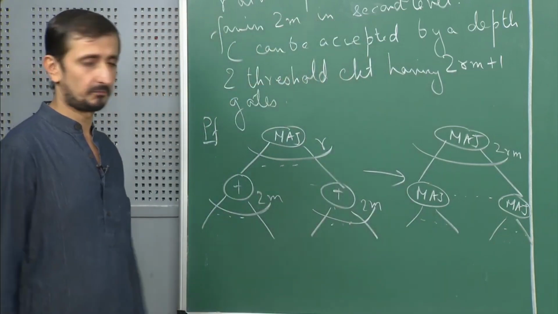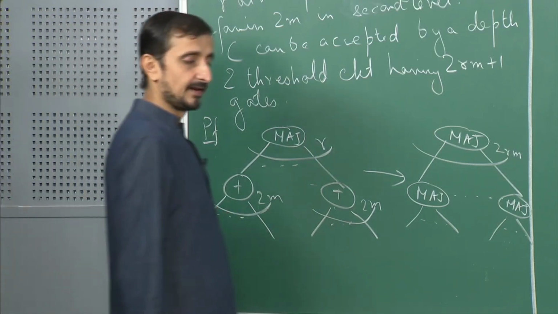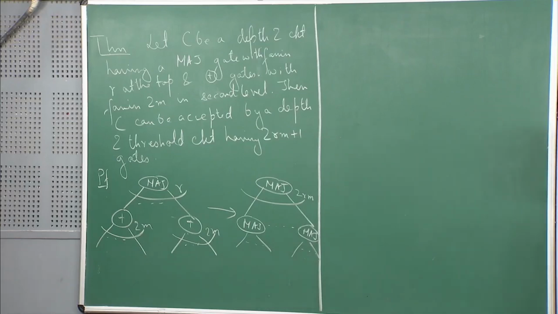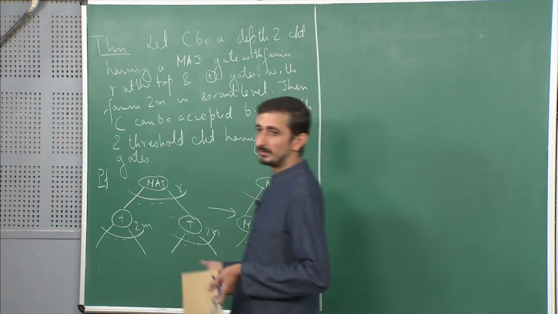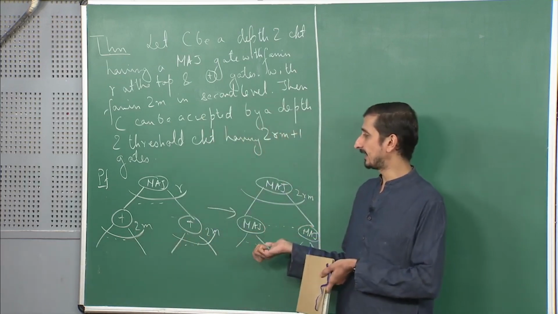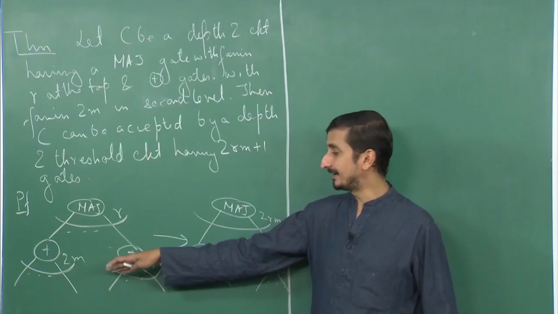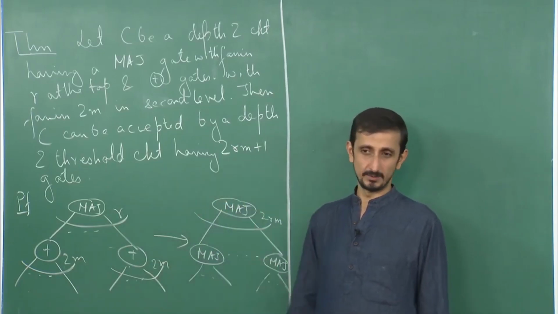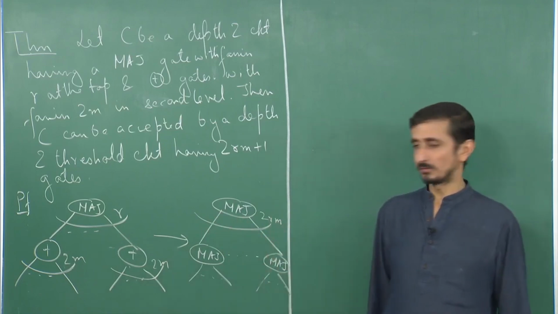This is what we will show, and this would tell us that without any loss of generality we can assume the circuit to have only majority gates. Just so that the construction is easier and it works, we assume it's 2m. So if the fan-in is less than 2m, then we can add dummy gates to make it 2m, so we can add some zeros or ones depending on what it is doing.